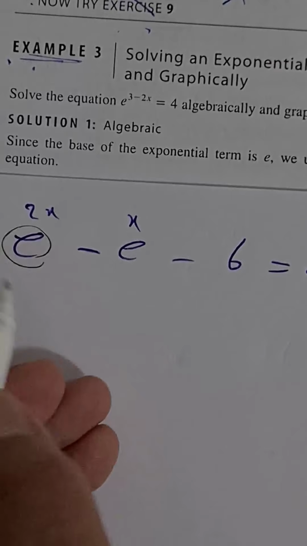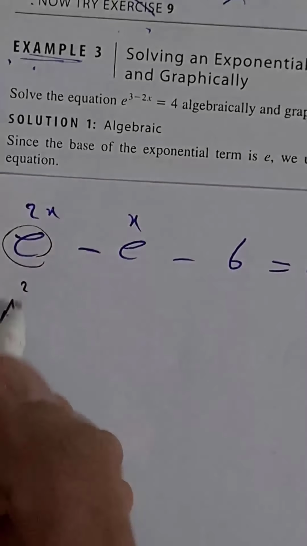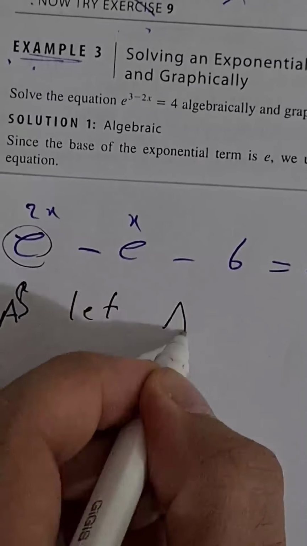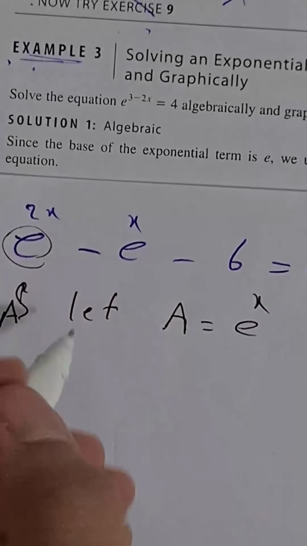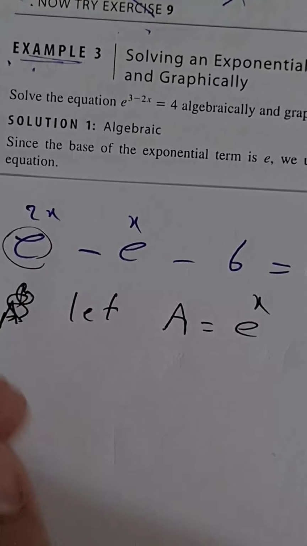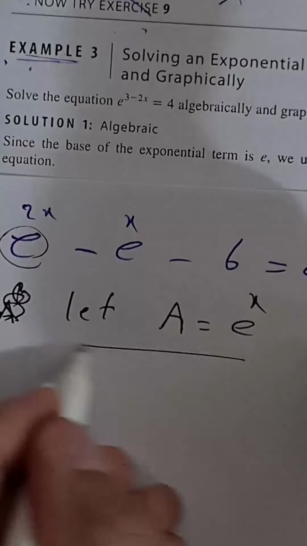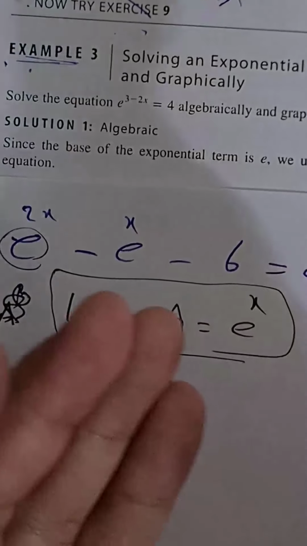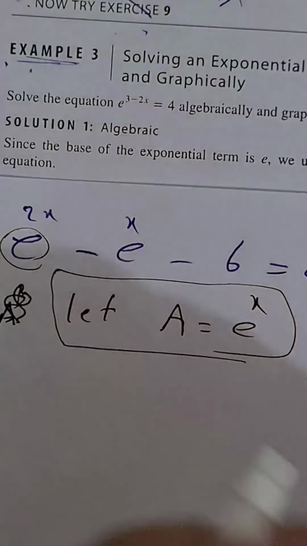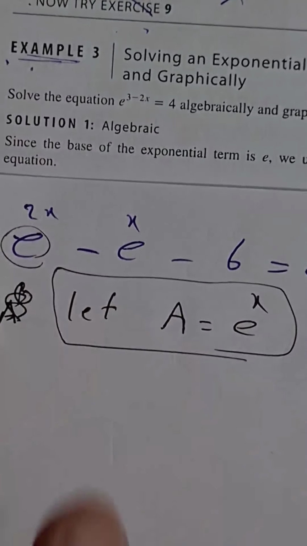Let a be e to the power x. Why do I change this? Really, you don't need to say let, but I'll do this step for you to recognize the form of this equation.